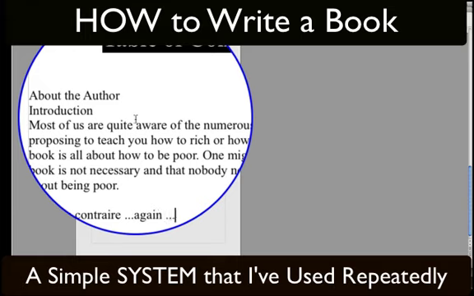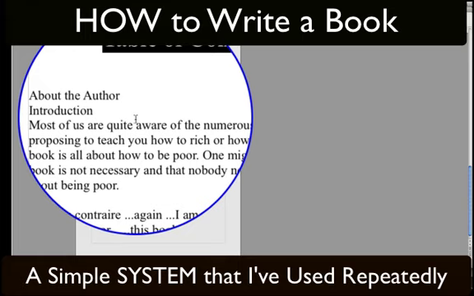Again, I am not here to teach anyone how to get poor. This book is to teach you how to be poor.